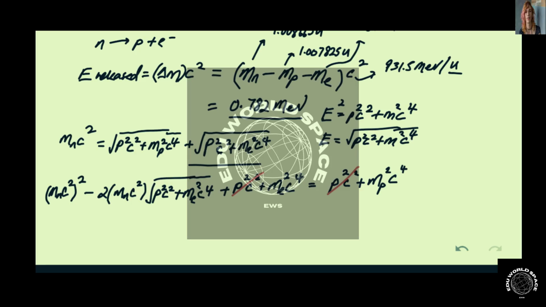Now we need to get rid of the square roots once again in order to get our p squared c squared term on the outside, so we put everything that doesn't have p on the right hand side.